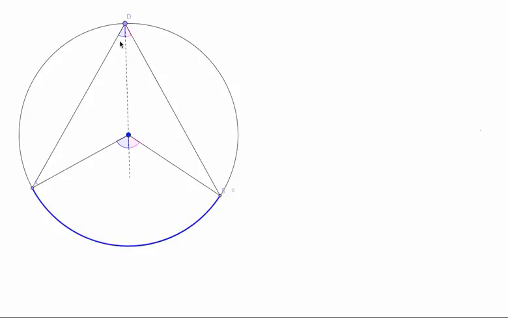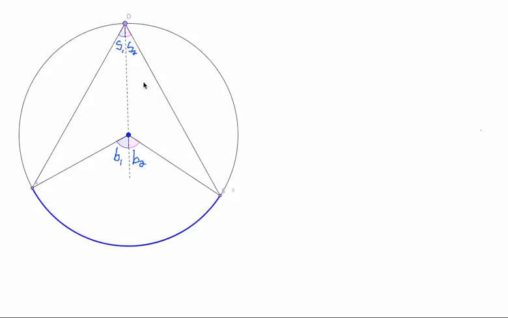So this side here we might call S1, and the other side of that we'll call S2. So we're saying that S is equal to S1 plus S2. We've just split it into two. And the same with this angle B at the bottom. We'll split that into B1 and B2.